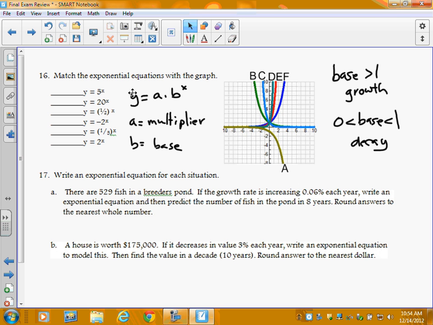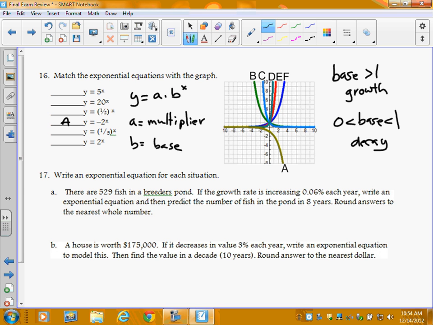In this problem, this negative one must be the one over here that goes the opposite direction. So this negative number right here, this -2, is A because it opens down. But is the -2 the base?